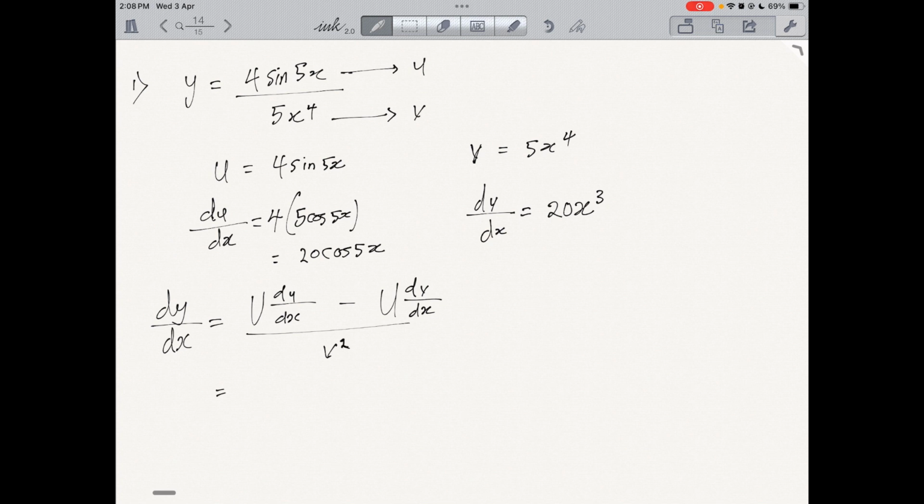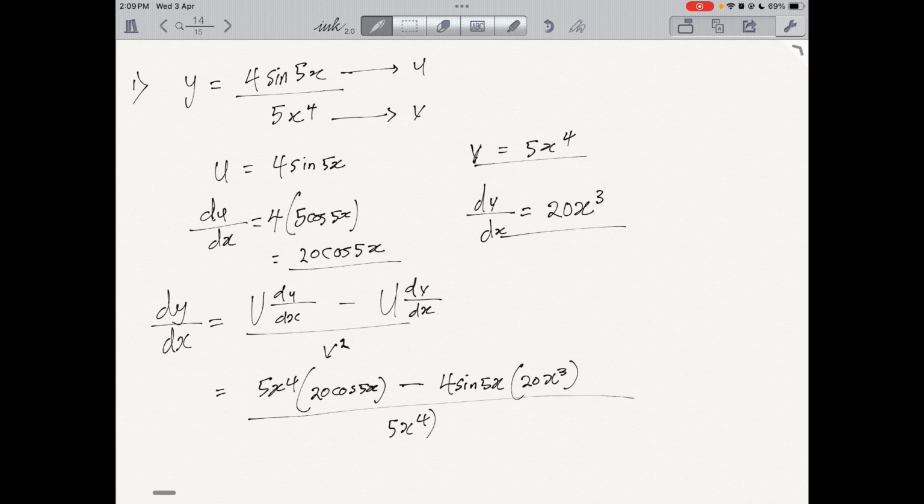So what is our v? Our v is 5x raised to power 4. du/dx is 20 cos 5x. Our u is 4 sine 5x. And our dv/dx is 20x raised to power 3, divided by v squared. And our v is 5x raised to power 4, all squared.